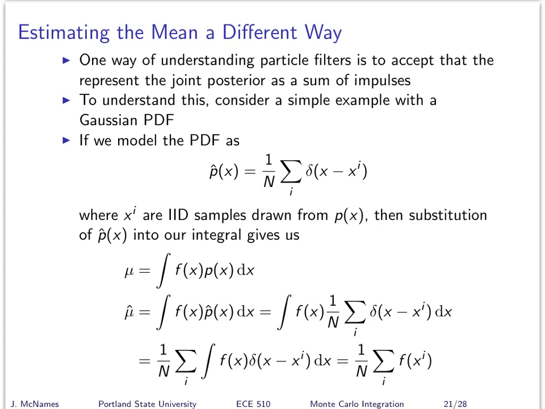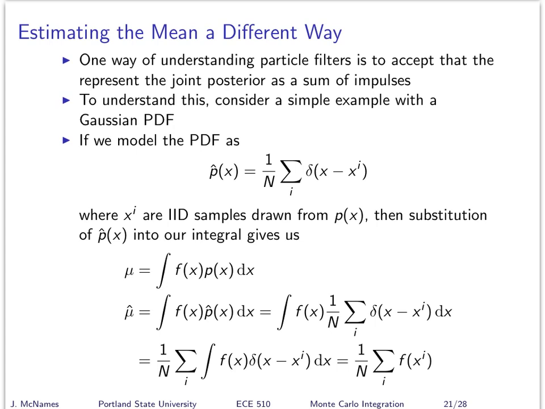Where they cringe is when we start doing the math by saying, what that really means, and we back that out, is that we are approximating the PDF as a sum of impulses, a sum of these multidimensional impulses, just to throw salt into the wound.